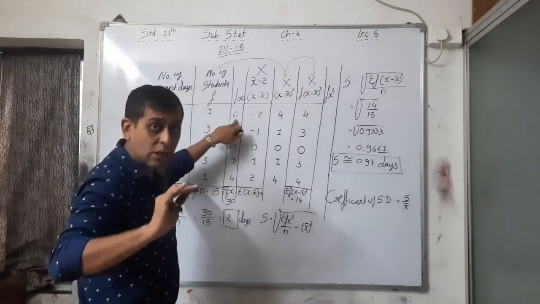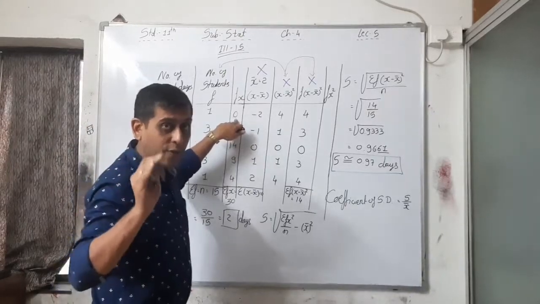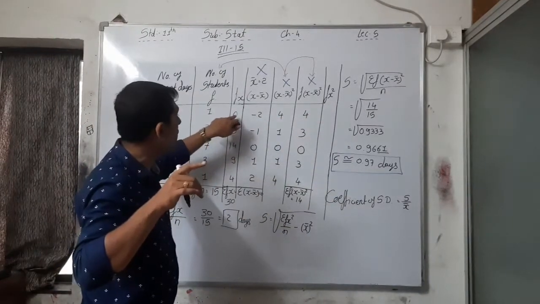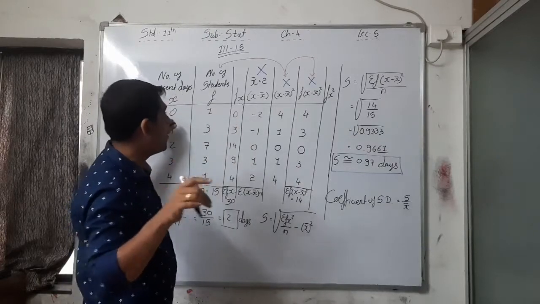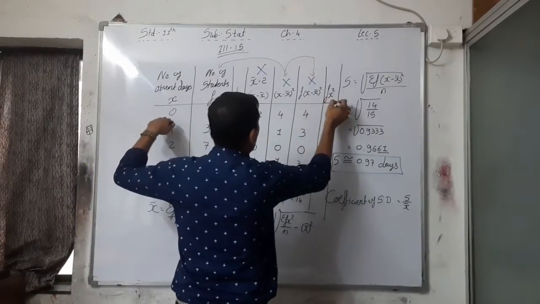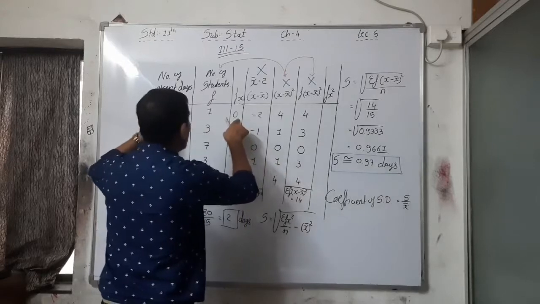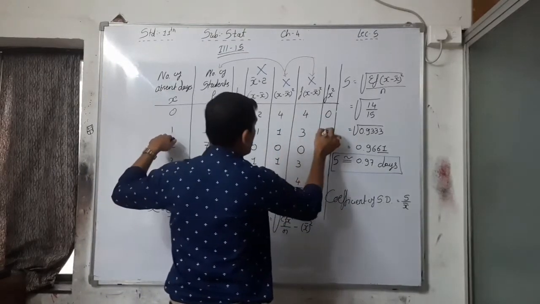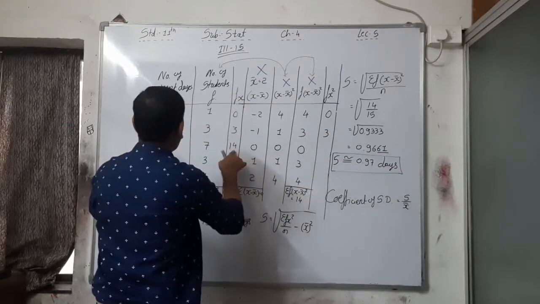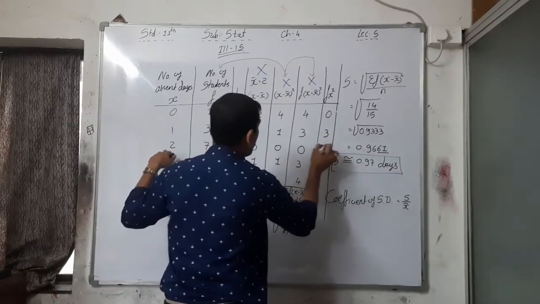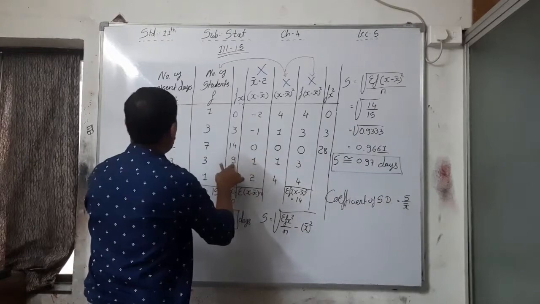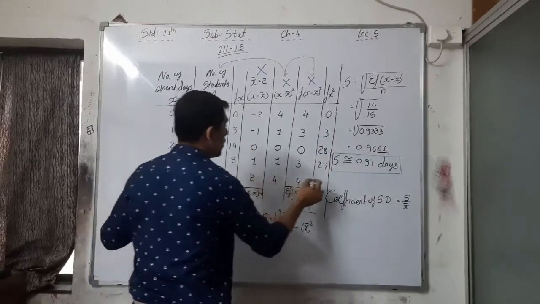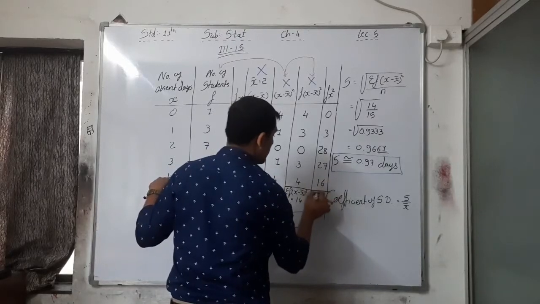Fx square means f into x square. That's why we multiply fx with x and we get the answer. Here, 0 into 0 is 0, 3 into 1 is 3, 14 into 2 is 28, 9 into 3 is 27, and 4 into 4 is 16.